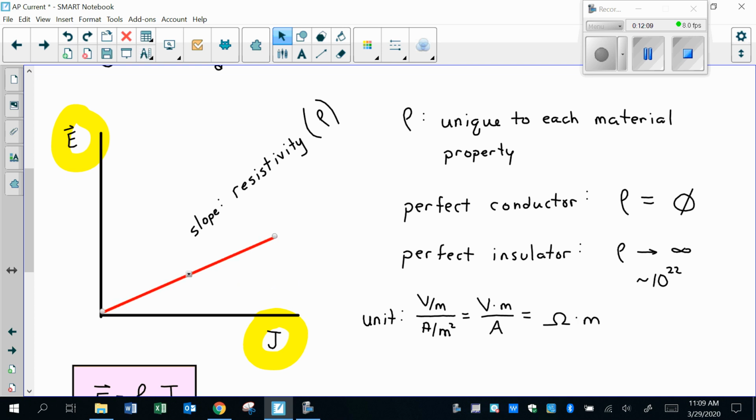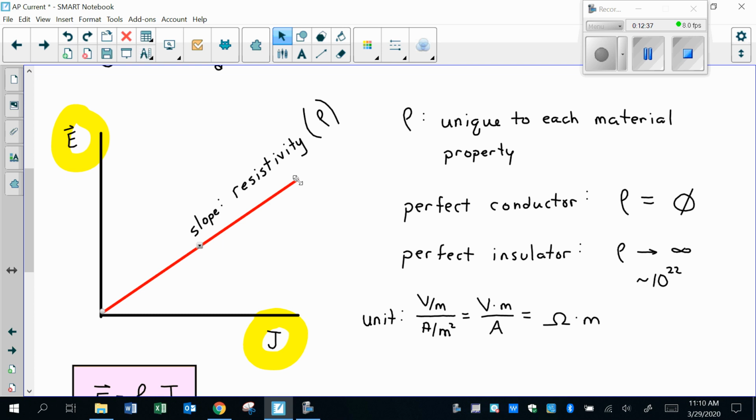If I have a line that's much, much steeper, to get the same amount of current density, I'm going to need a huge amount of electric field, a huge amount of push. And therefore, it means that whatever wire I'm going through must be really challenging to go through. And so what we find is that our slope represents a physics characteristic known as resistivity, Greek letter rho.